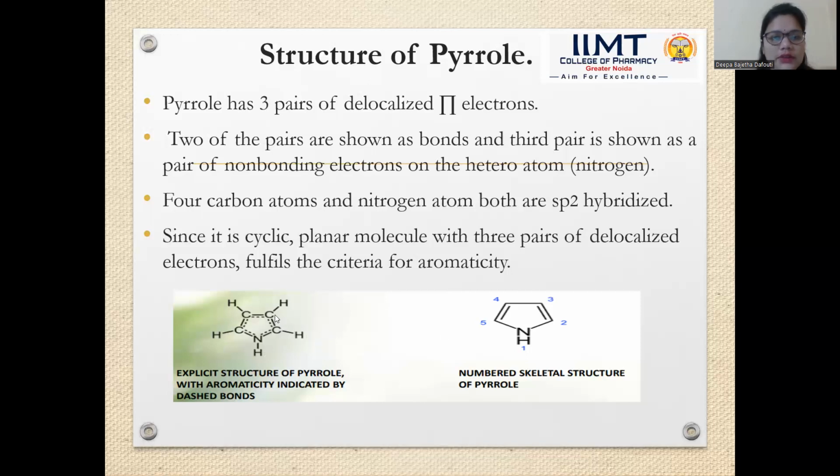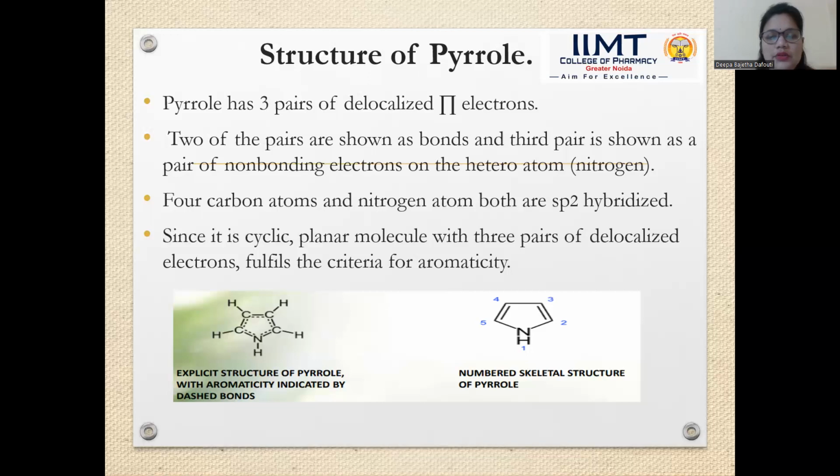The four carbons and the nitrogen atom are both sp2 hybridized. In this structure, these four carbon atoms and the nitrogen atom are sp2 hybridized. Since it is cyclic, it is a planar molecule with three pairs of delocalized electrons, which fulfills the criteria for aromaticity.